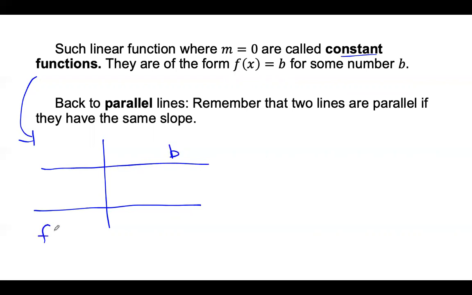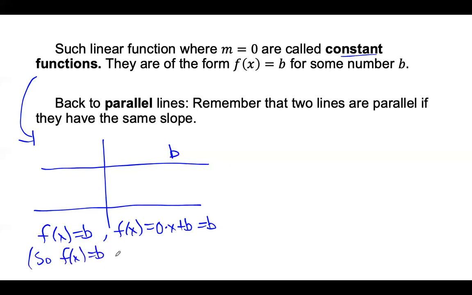So this is f of x equals b, because f of x is equal to 0 times x plus b, and so therefore it's just equal to b. So we see this is also a linear function.